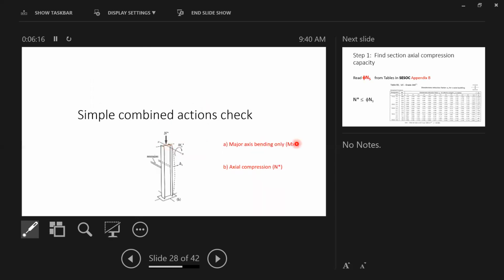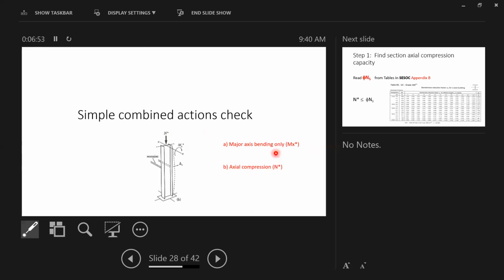But in this paper or in this course, we just focus on simple combined action check, which means that we only have bending moment about x-axis, which is our major axis, and also we have compressive force. So our major axis bending only, we call it Mx star, and also we have axial compression N star.